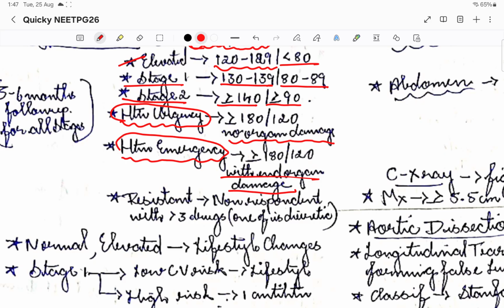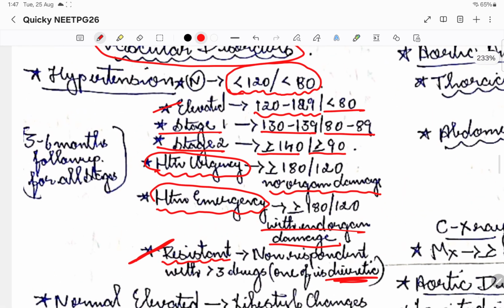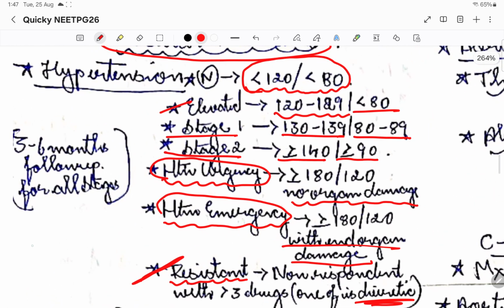There is something called resistant hypertension, where even after giving 3 different drugs, which also include a diuretic, he is still not responding to the antihypertensives. That means he is resistant hypertensive. Then there is another classification, primary and secondary hypertension.